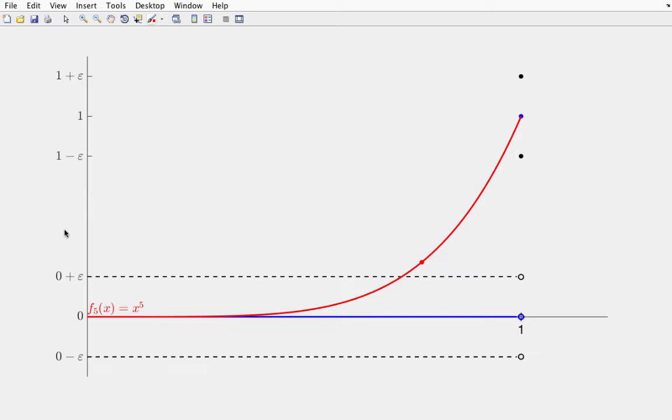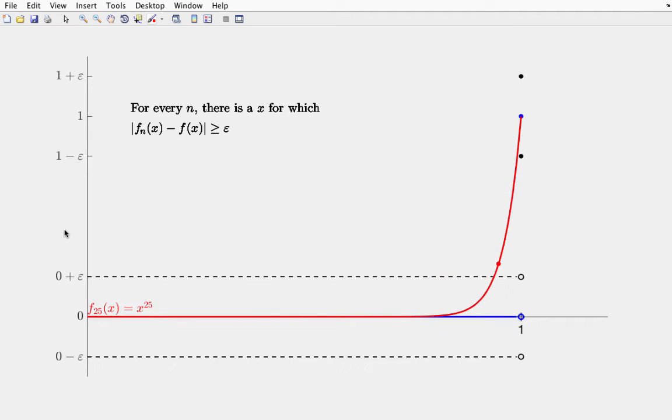But as we're going to see illustrated, I can find a value of x that's always outside of the epsilon bound. In other words, for every n, there is some x for which |fn of x minus f of x| is strictly greater than this particular epsilon. And of course, all I have to show is that this is true for a particular epsilon to show that fn of x does not converge uniformly to f of x.